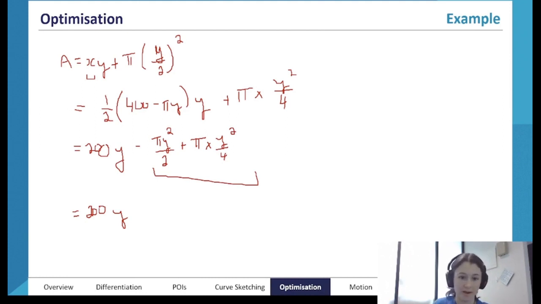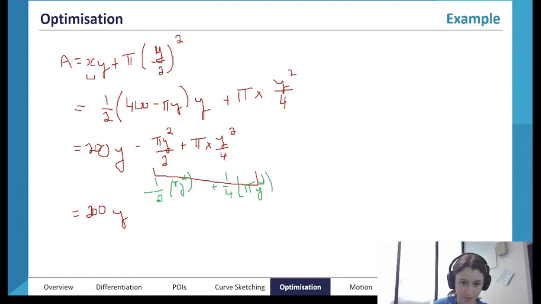So kind of what we have here is negative a half outside of pi y squared plus a quarter of pi y squared.